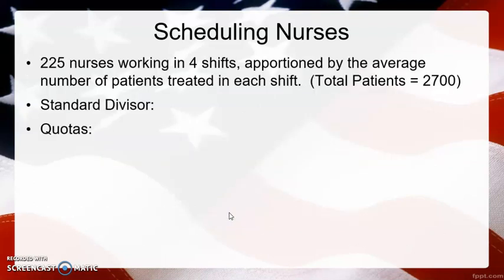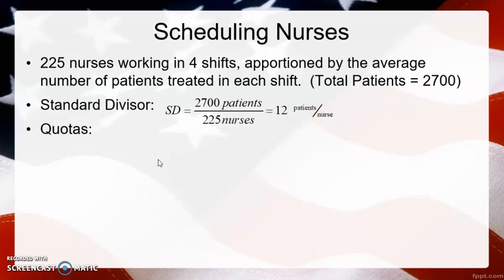So the standard divisor is going to take our total population, 2,700 in this case, and divide by the total number of seats, or 225. So our standard divisor is 12, and that means each nurse is responsible for taking care of 12 patients.